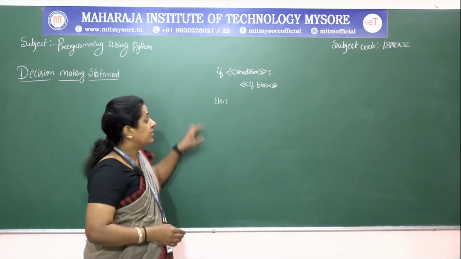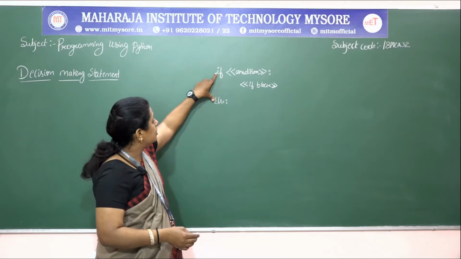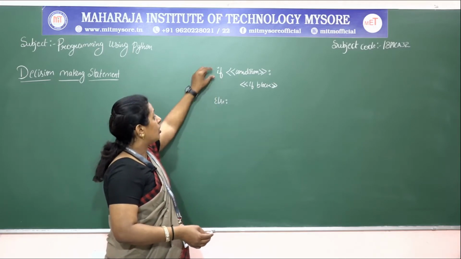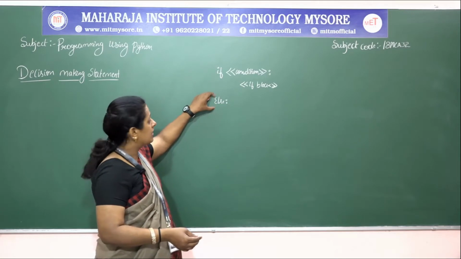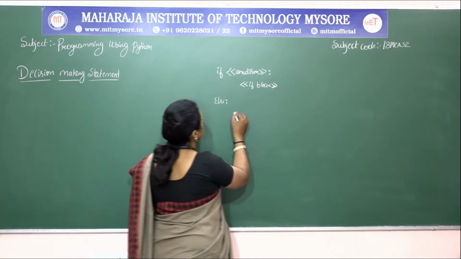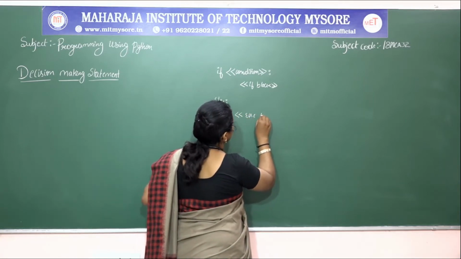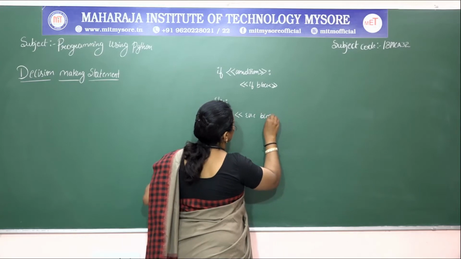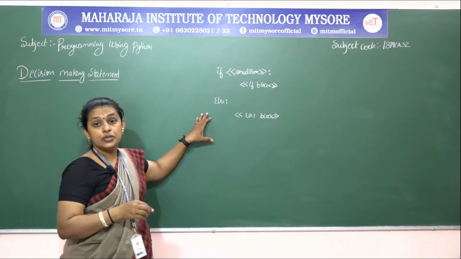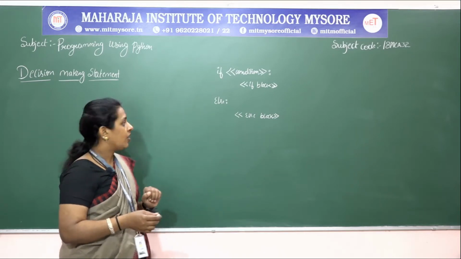You need to write the else in the same indentation as the if, that is, it should match, because this if block will end with this else, or this else is for this if condition. This is the general form of your if and else clause.